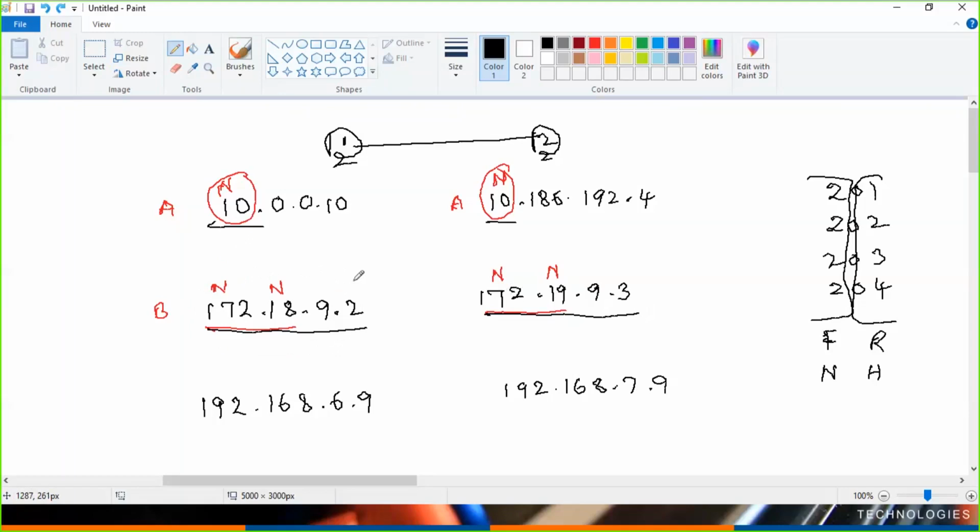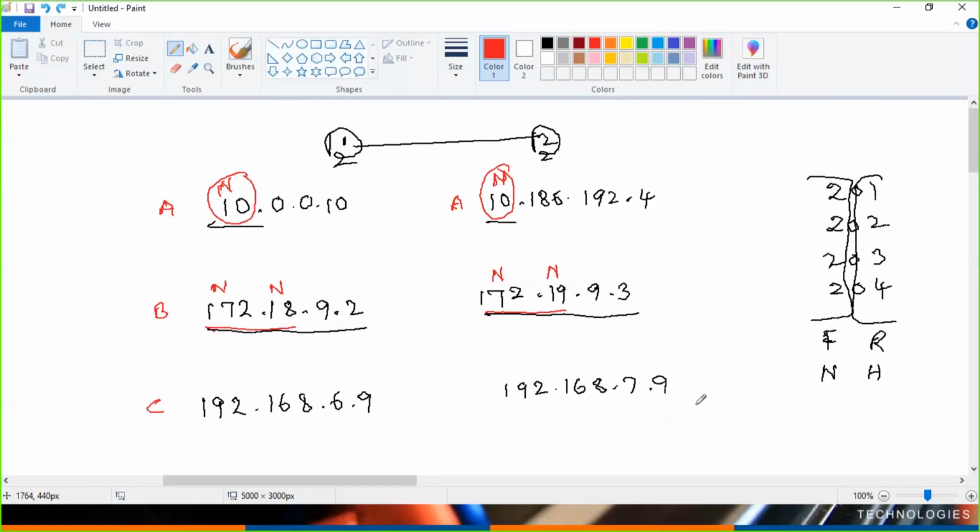Next point is a class C example. 192.168.6.9 and 192.168.7.9. If I assign like this, will they communicate? No. Why? The network is different.